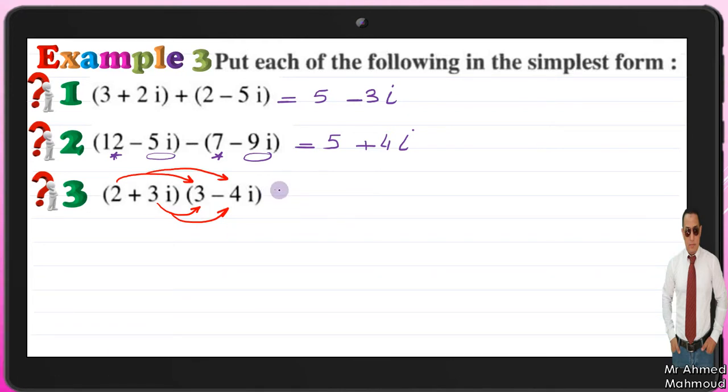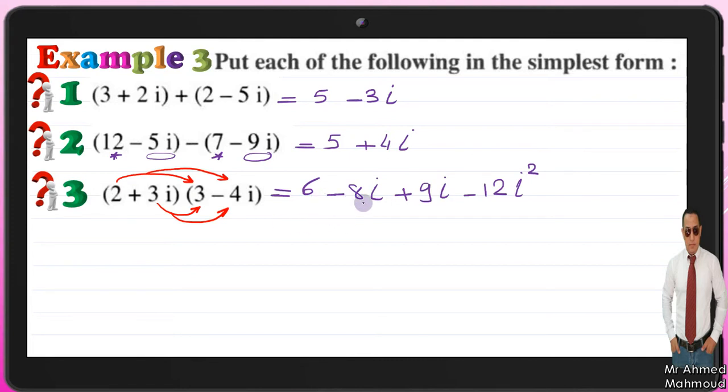That equals: 2 times 3 equals positive 6, 2 times negative 4i equals negative 8i, and 3i times 3 equals positive 9i. 3 times negative 4 equals negative 12, but i times i equals i to the power of 2. Now I'm going to simplify this one.